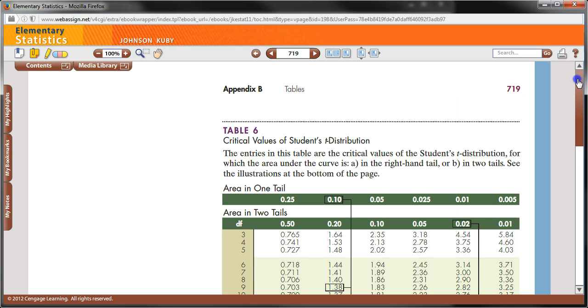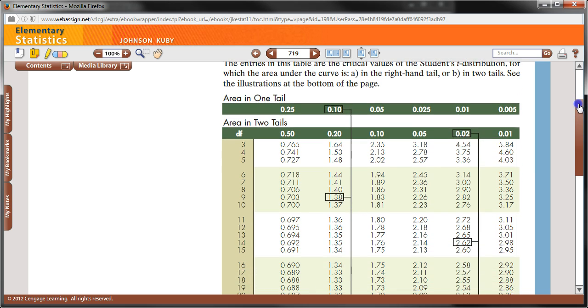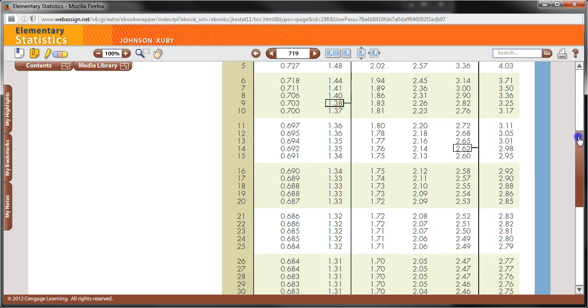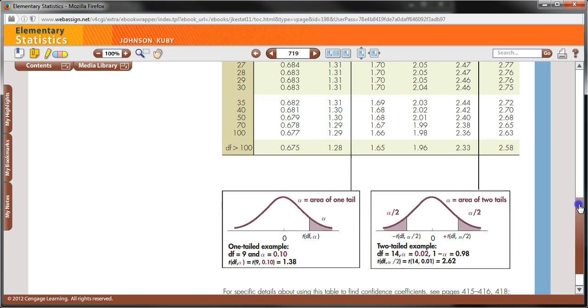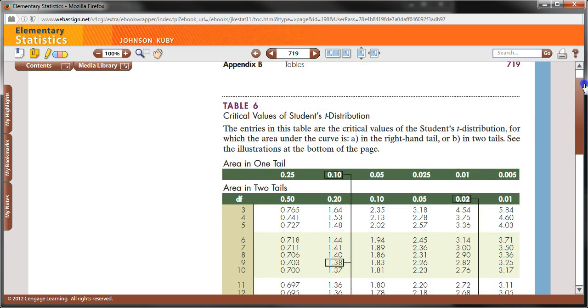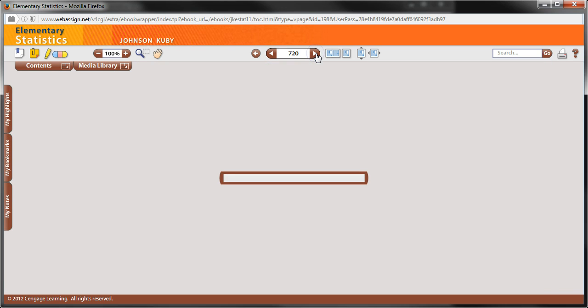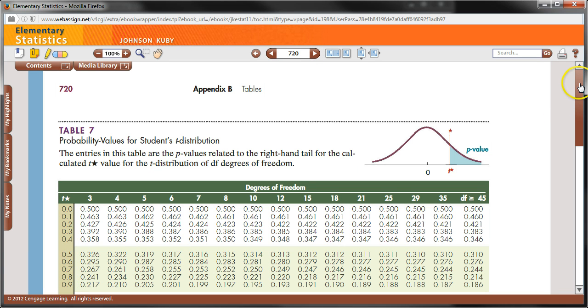And we have a t-table like this, and we can find, let me see, is this the right one or is the next one the right? Okay, sorry, you have to look at page 720, and this is the t-table with p-value. And please be warned, this table is terrible.